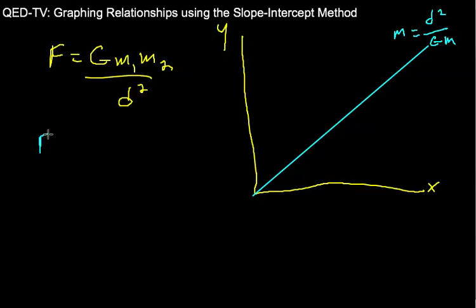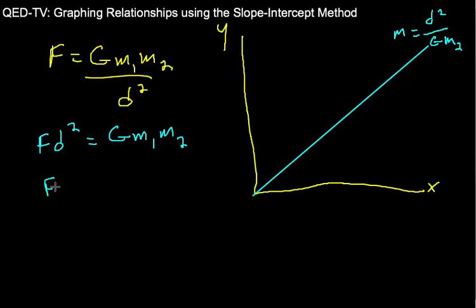I could do F times d squared equals big G m1 m2. Let's make this m up here be like m2. I didn't say which one it would be. Then I could divide both sides by G and M2.